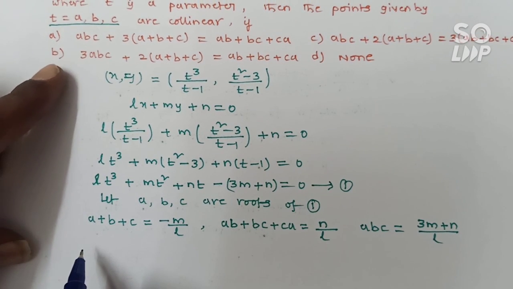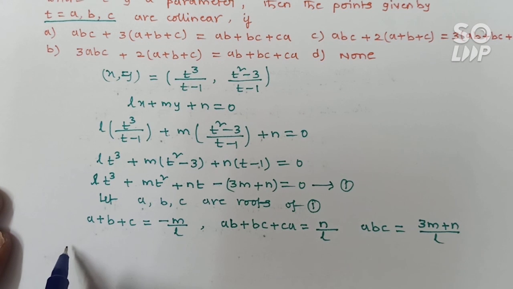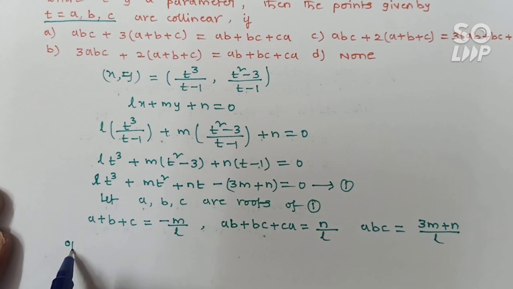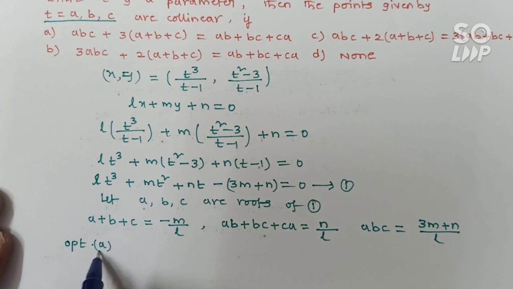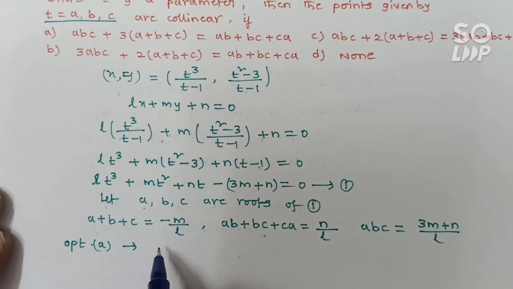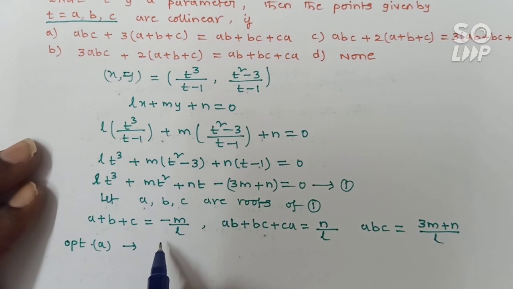I am verifying the first option, option A. Option A is abc plus 3 into a plus b plus c minus of ab.